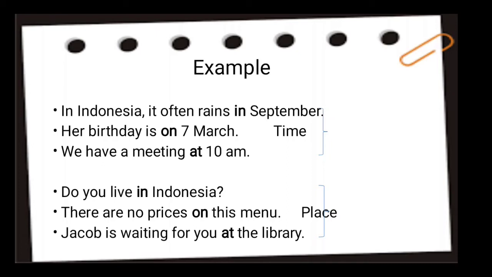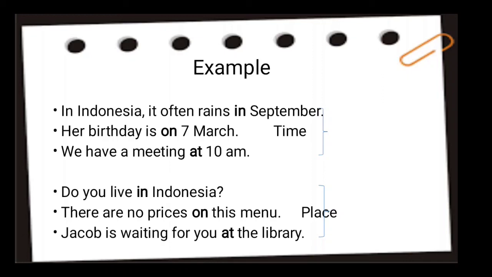Or if you are confused, I have another example. Like, you may know that Selena lives on Pennsylvania Avenue in Washington, D.C. Yeah, we use on in this sentence because it refers to a street and avenue.